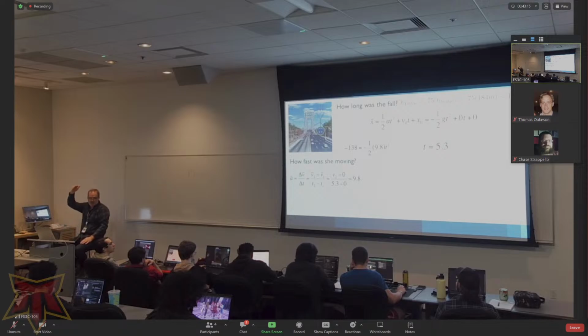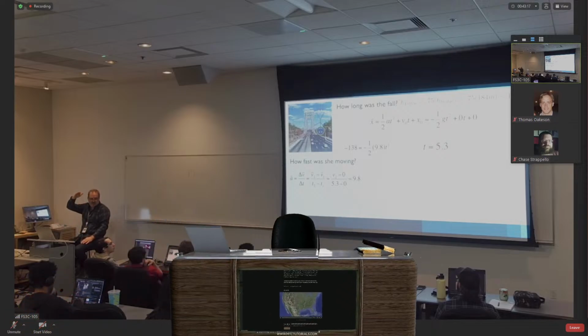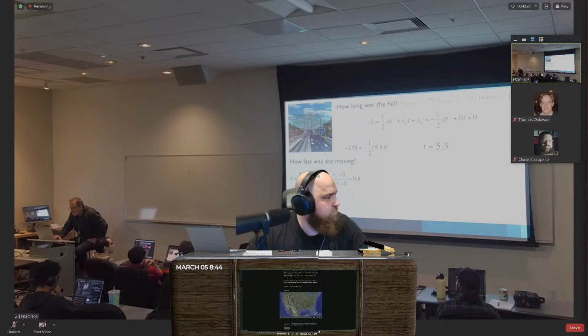So v1 was 0. v2 is her velocity at the point where she makes contact with the web. Okay, so we're going to solve for v2. That's 51.94 meters per second.